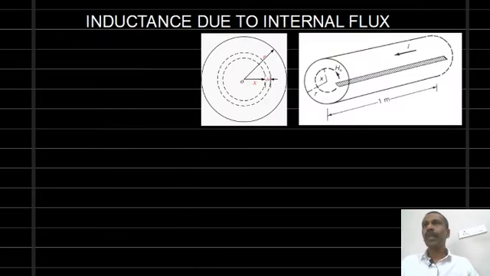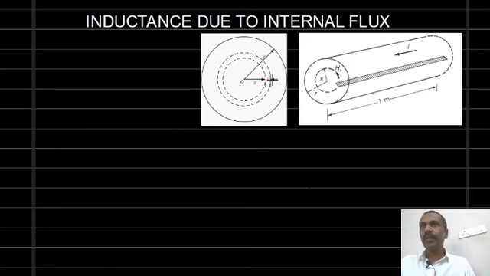Now let us find out the inductance due to internal flux linkage. Now we consider a conductor of length 1 meter. Throughout the calculation of inductance of transmission line, we consider the conductor of length 1 meter. We are going to find out the internal flux linkage.